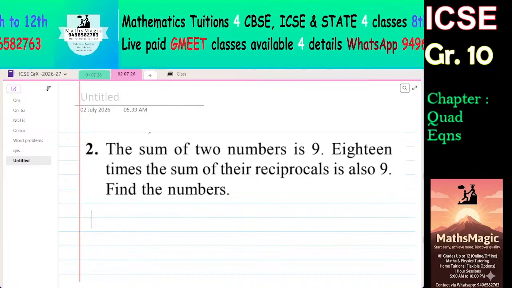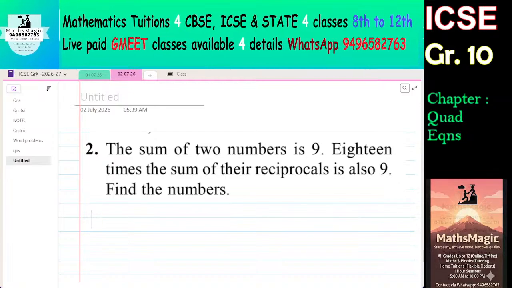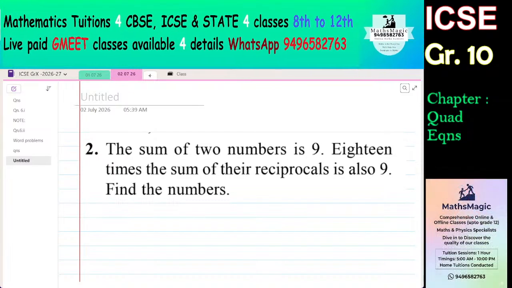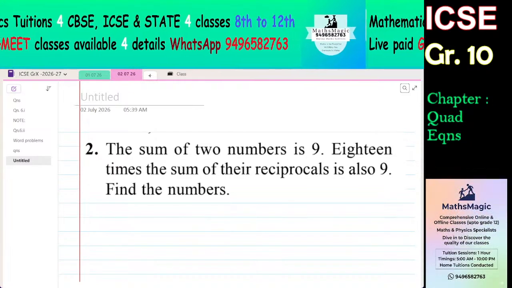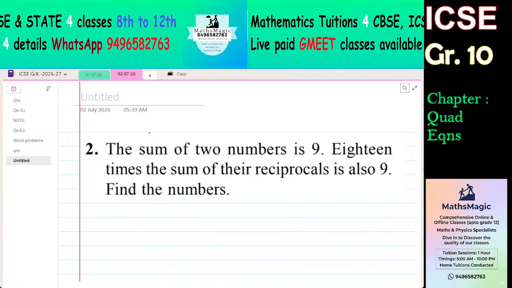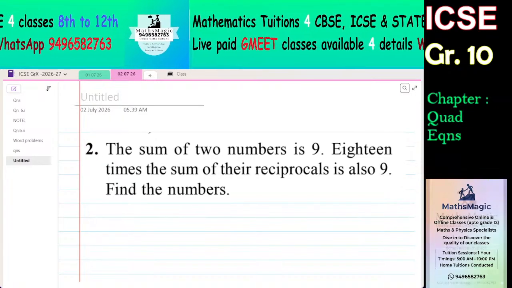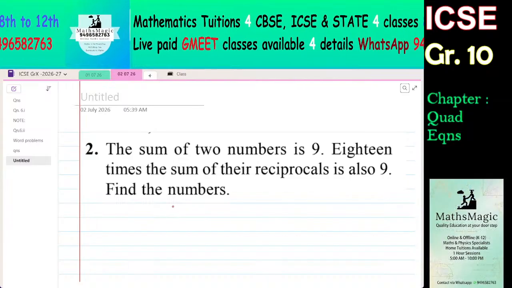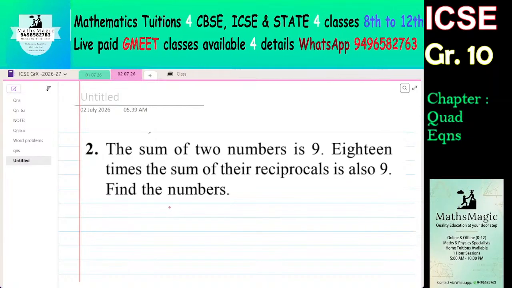Sum of two numbers is 9. What I saw in most of the answers is that most students started with x and y. Okay, it's okay. But let me try to explain it with one variable.